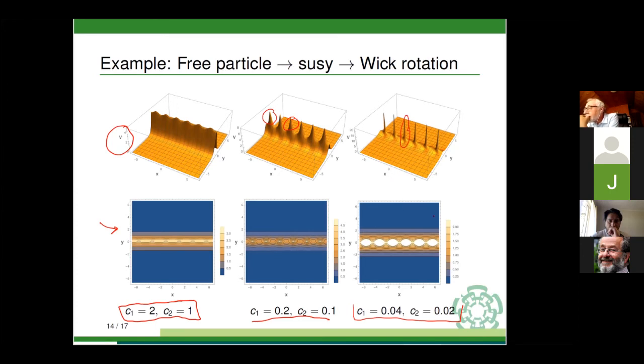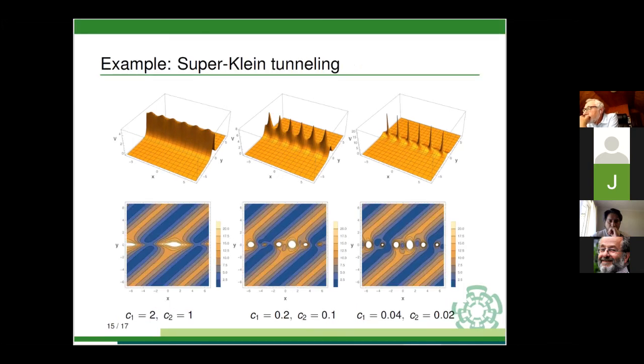We still have a localized state, but also if we send plane waves to this barrier, what we notice is that the plane waves travel, hit the barrier, and they continue in the same way. There is a phase shift, but the important thing is that there is no reflection. So we have a transparent barrier.